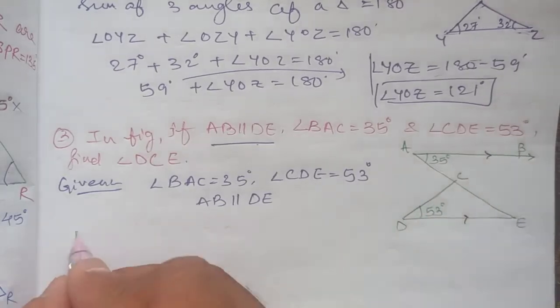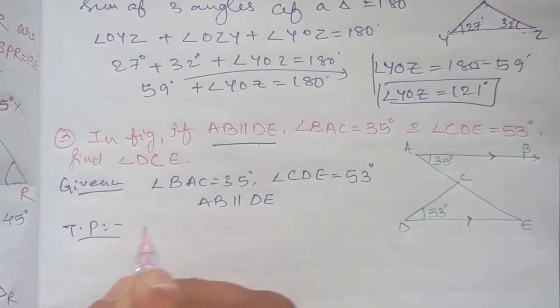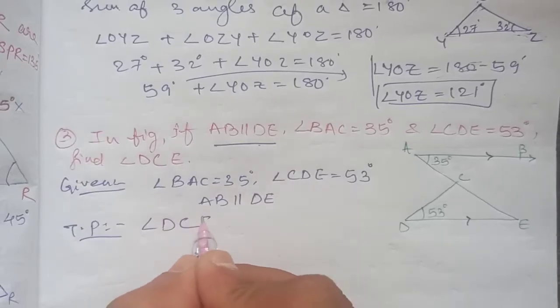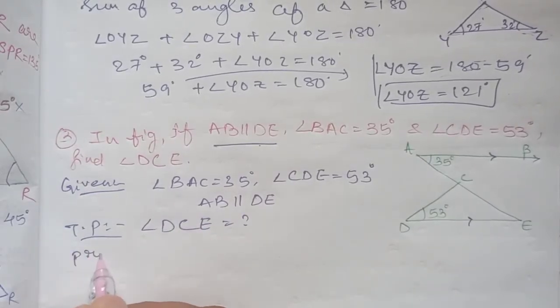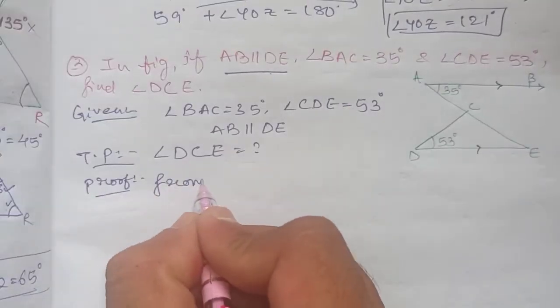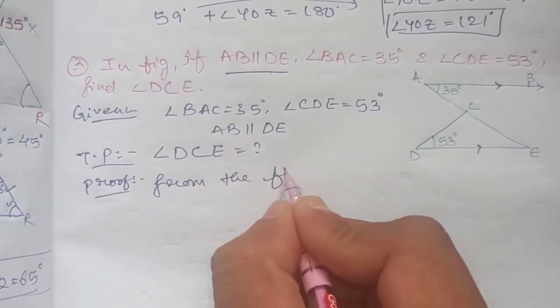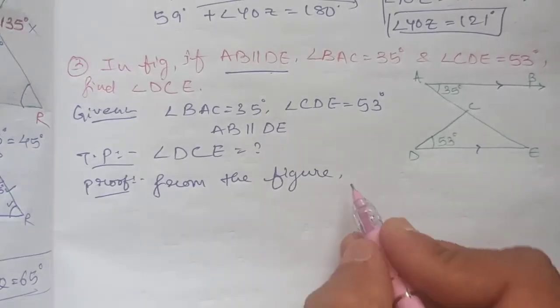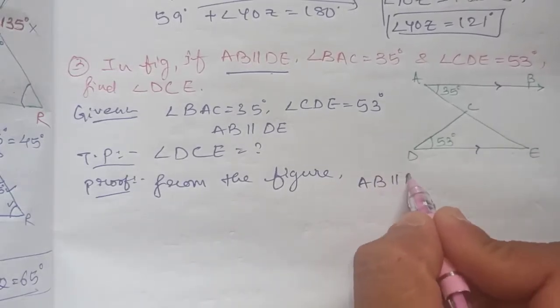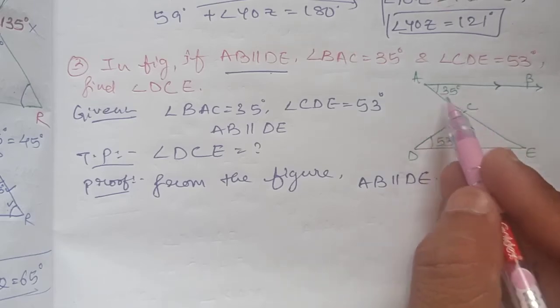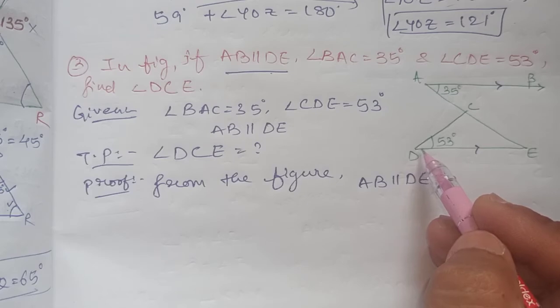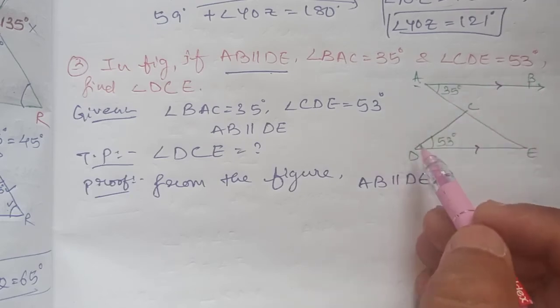Now what we have to find? We have to find angle DCE. Proof. From the figure, AB is parallel to DE, it is given. So can we use the alternate interior condition? Yes, you can see this is a Z shape, reverse Z. So here we can use the alternate interior condition.